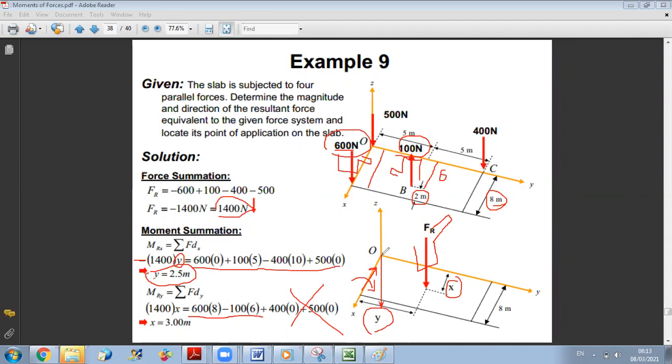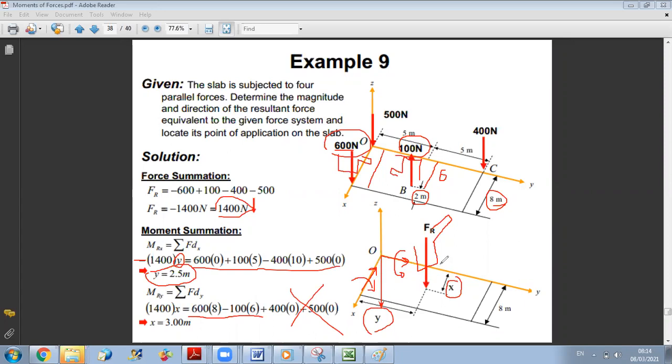So now I can put that the moment vector about y is like this, and it is positive. Okay. So now all I have to do is to try to move my force in order to produce the same moment.